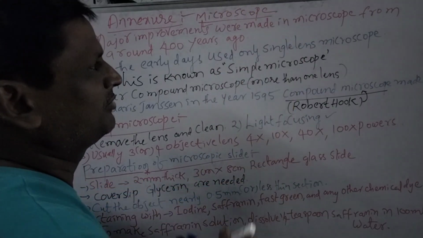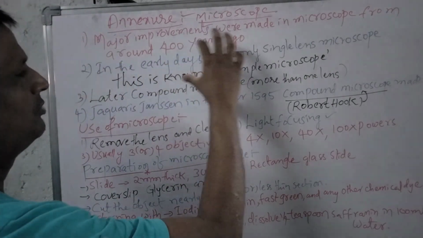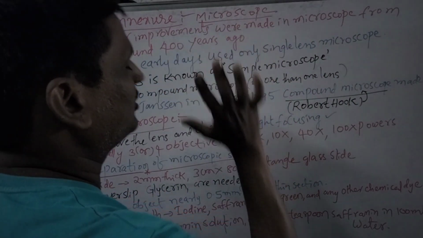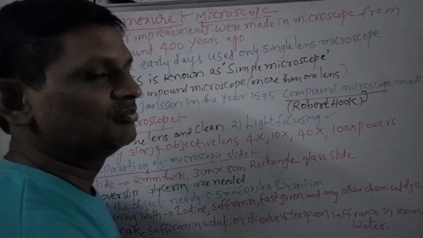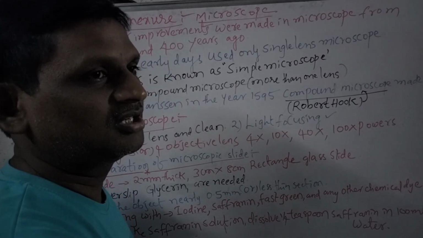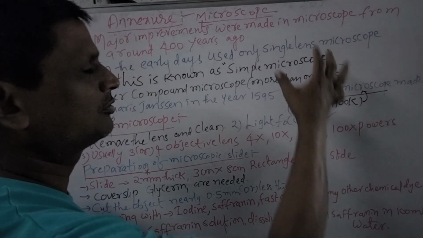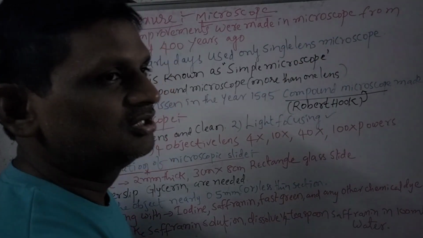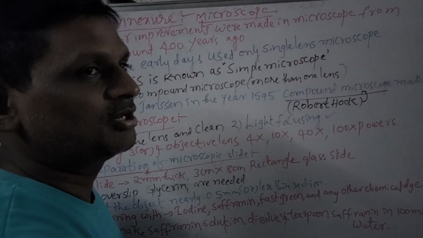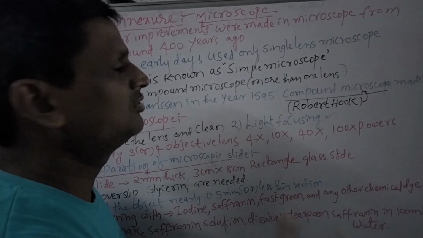What types of microscopes were there? In earlier times, major improvements were made in the microscope from around 400 years ago. That means before 400 years ago, we did not know about microorganisms or the microbial world. But once the microscope was invented, we started observing different types of microorganisms with its help, and we came to know all these things.